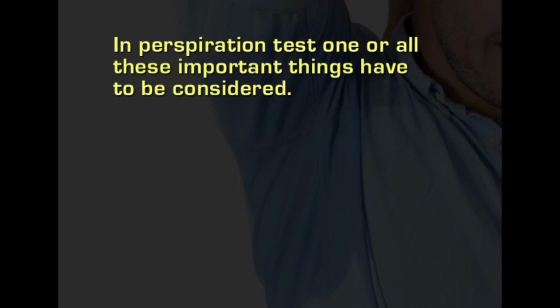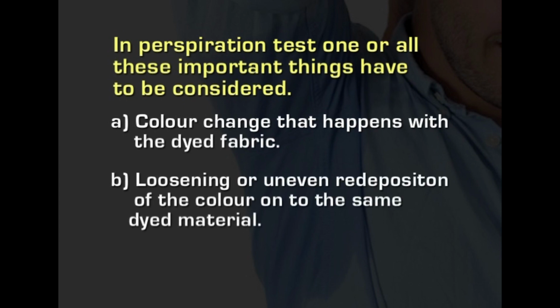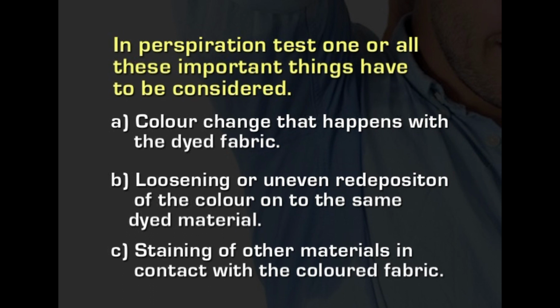In the perspiration test, these important things have to be considered: the color change that happens with the dyed fabric, loosening or uneven redeposition of the color onto the same dyed material, and staining of other materials in contact with the colored fabric. These are the 3 important factors we have to consider while dealing with color fastness to perspiration.